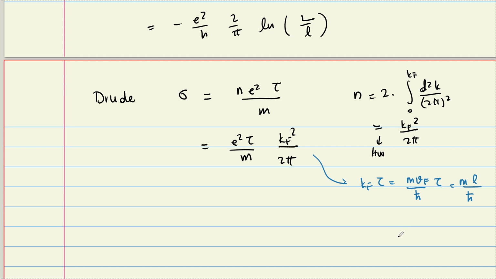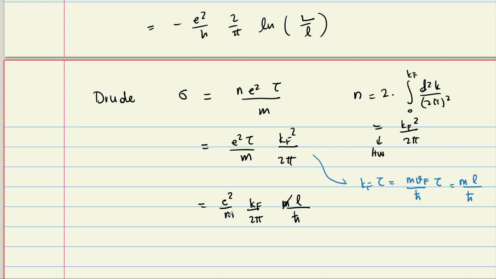And I put this back here, so this is e squared over m, so this is k Fermi over 2 pi. There is one k Fermi and one tau, and for that I'm going to write it like mL over h bar.